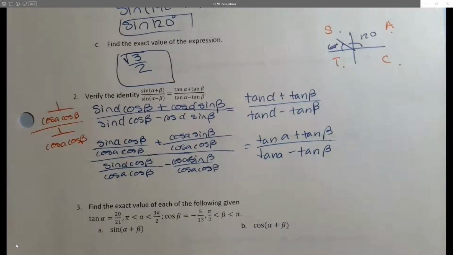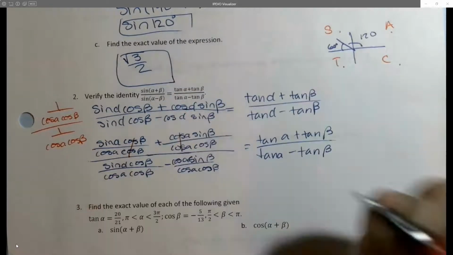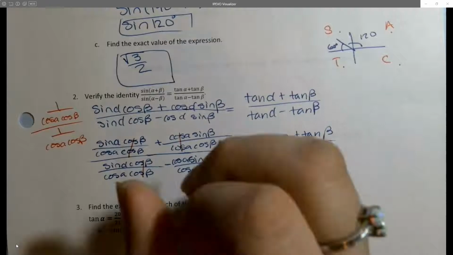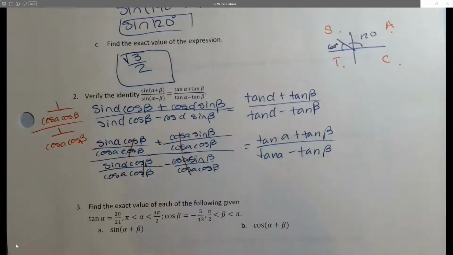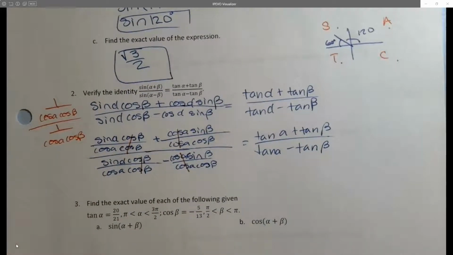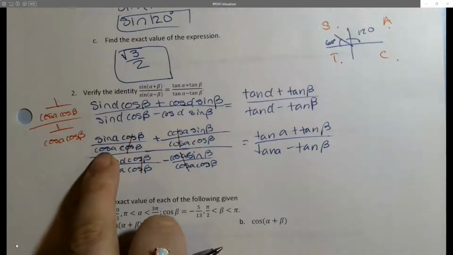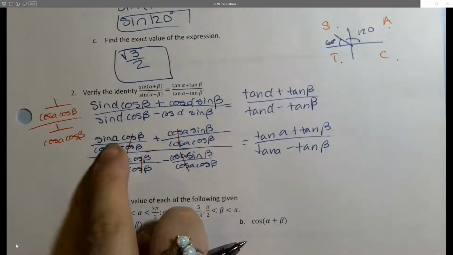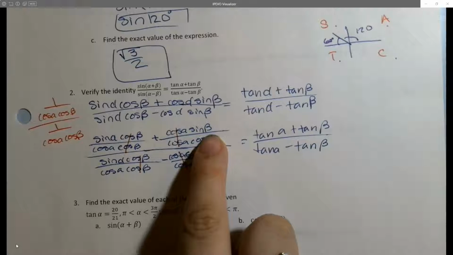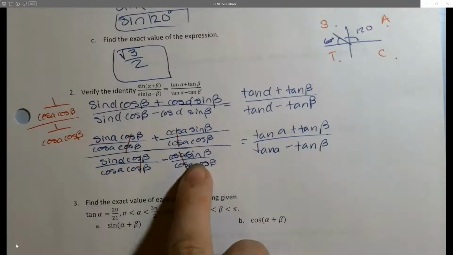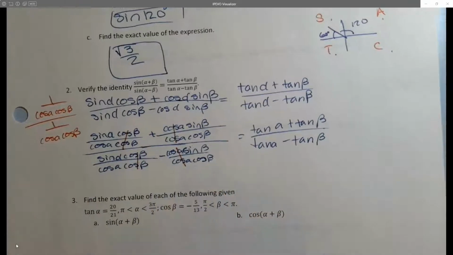On my fraction, I can simplify. These cosine betas will cancel out. These cosine alphas will cancel out. On the denominator, the cosine betas cancel out, and the cosine alphas cancel out. So I have, on my top, sine alpha over cosine alpha plus sine beta over cosine beta, and on the bottom, sine alpha over cosine alpha minus sine beta over cosine beta.